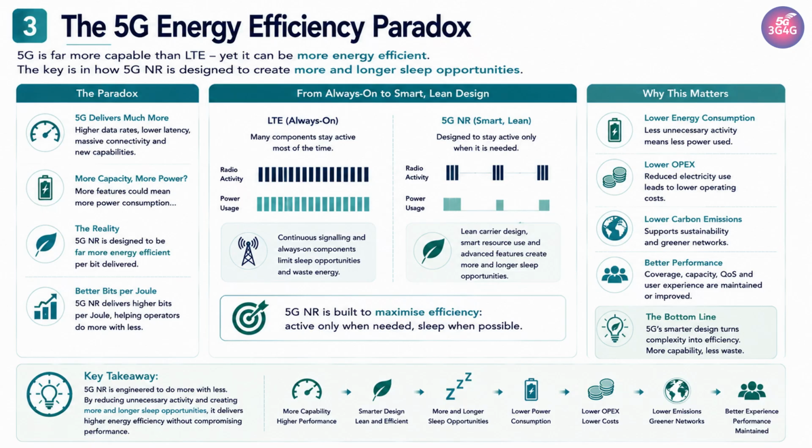This is why intelligent design and operation matter. 5G NR's advantage is not just that it can deliver more capacity, the advantage is that it can deliver that capacity more efficiently, especially when resources are activated only when they are actually needed. So the goal is to get the best of both worlds, higher efficiency per bit, but without letting absolute power consumption grow unnecessarily.